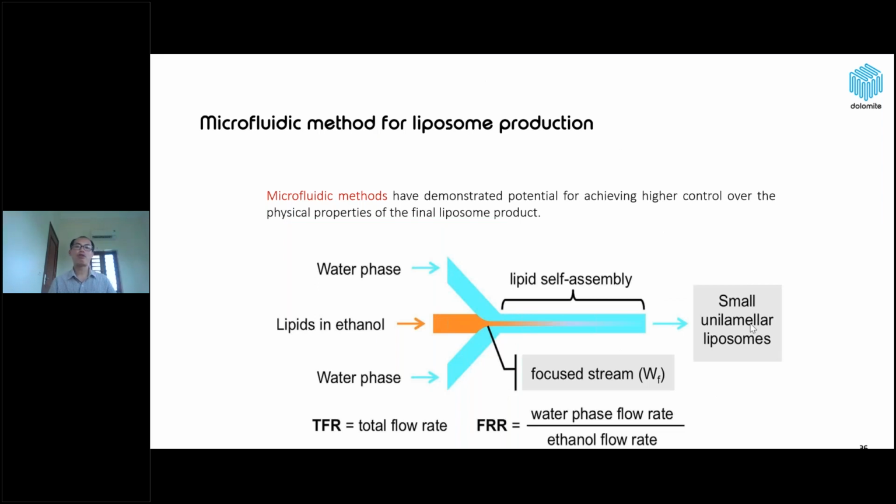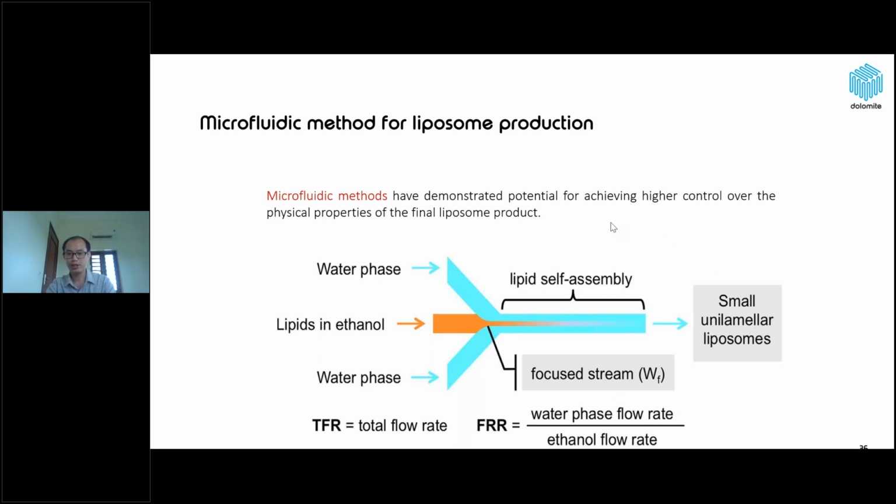So liposome production is similar to PLGA nanoparticle production. We also use the flow focusing method to make a focused stream between the lipids in ethanol and the water phase.